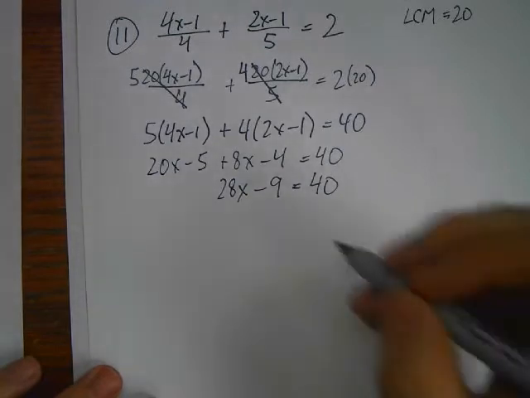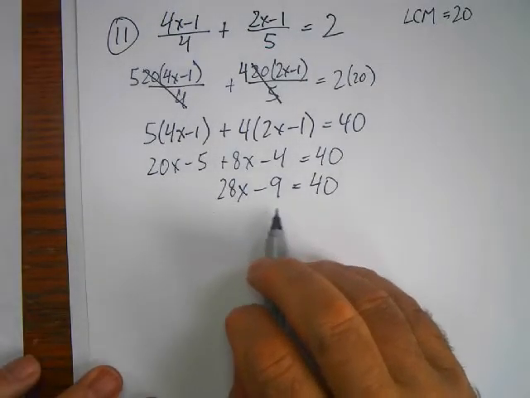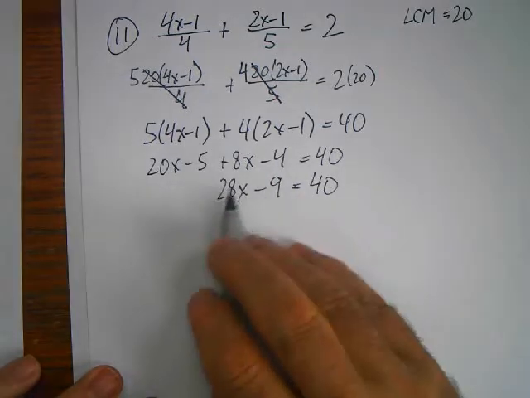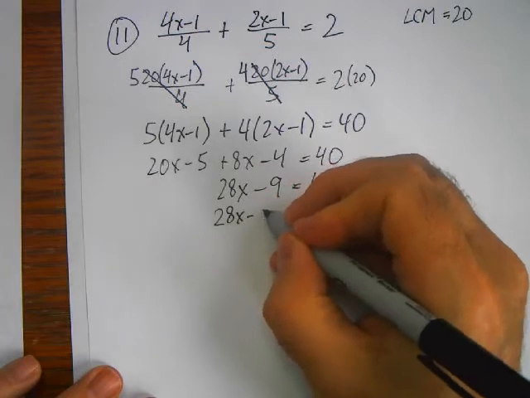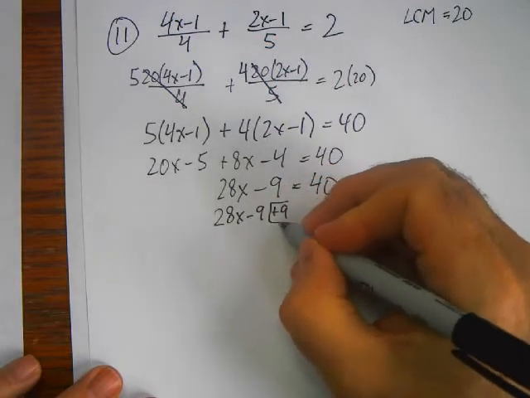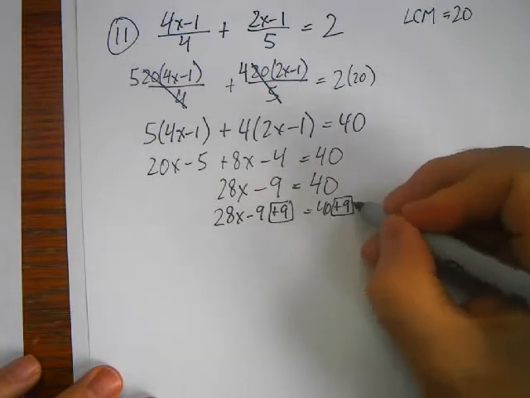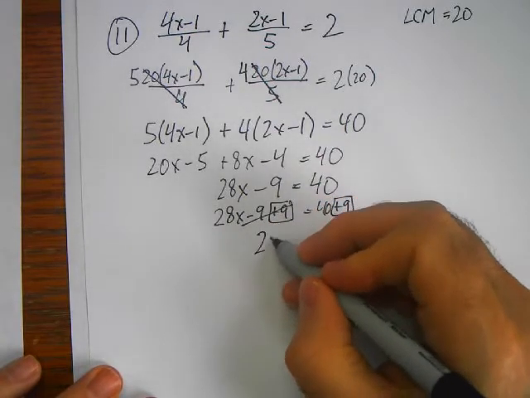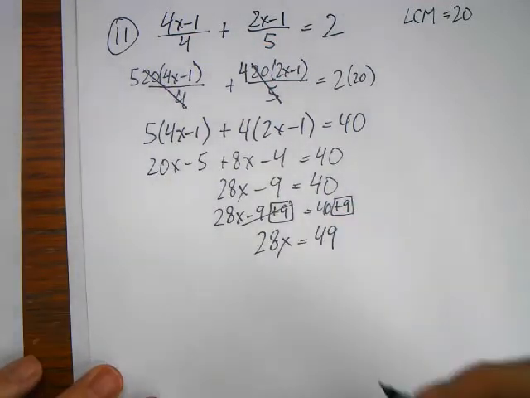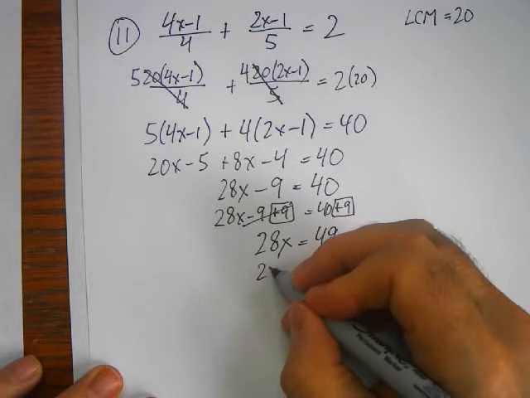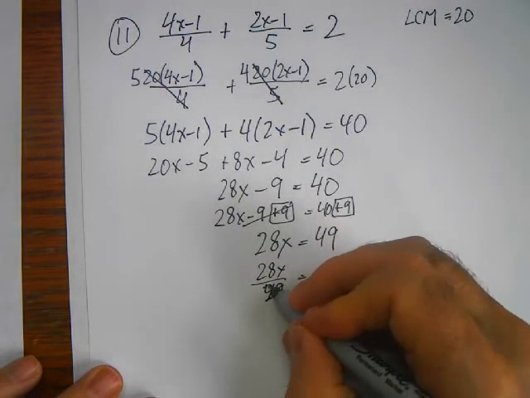Again, when we get to this step, I don't want the minus 9 there because I want just x here. So I'm going to add 9 to both sides. Those cancel out. We get 28x equals 49. And now we divide both sides by 28.